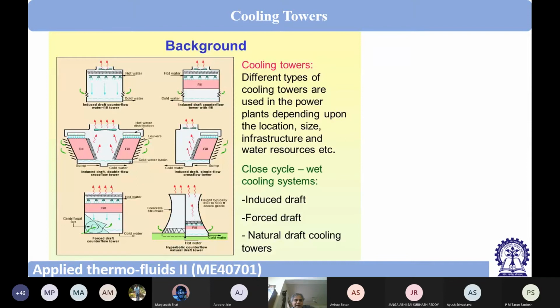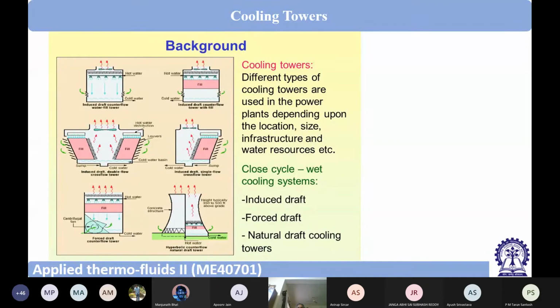So there are different types of cooling tower. Firstly, it can be classified depending on draft. What is draft? Draft, already in boiler we have learned about draft, but draft is basically the mechanism which causes the air to flow.